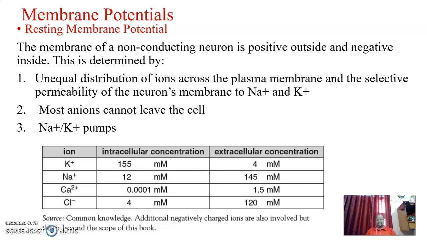In this way it transfers three sodium ions outside and two potassium ions inside, using one ATP for each cycle. That is why these pumps are electrogenic.